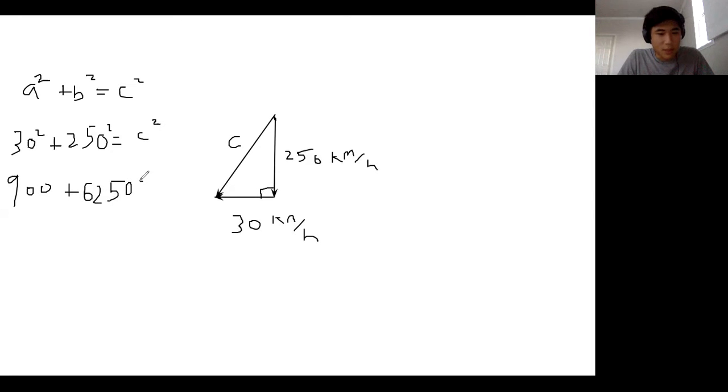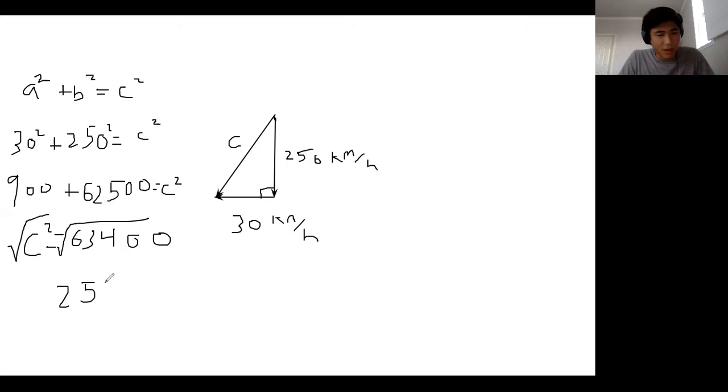And then that would be equal to our C squared. And then if we add that to 900, we get C squared equals 63,400. And to find what C is, we would square root both sides. And that is equal to 251.8.